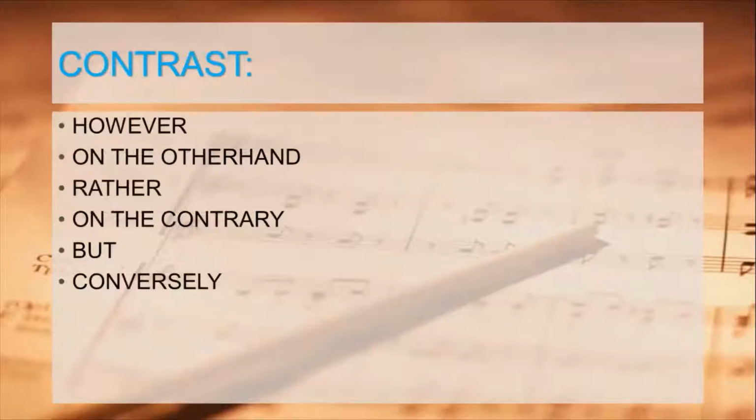However, but, these kinds of words we will not use at the beginning of a paragraph, whereas we will use on the other hand, on the contrary, conversely, in contrast, such words at the beginning of a paragraph. We will not use however, but, rather at the beginning of a paragraph.